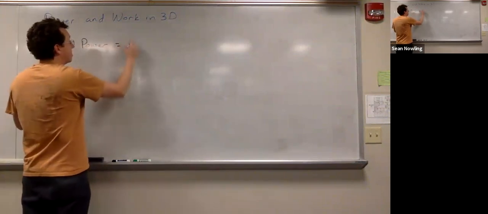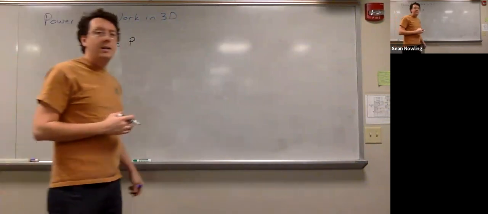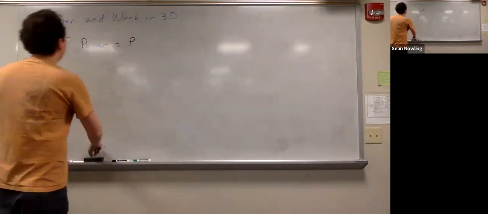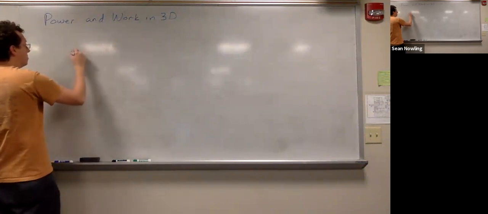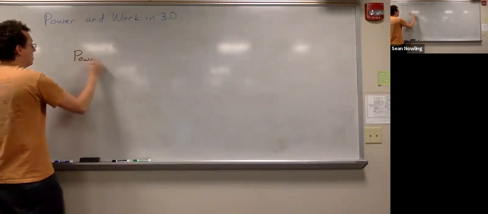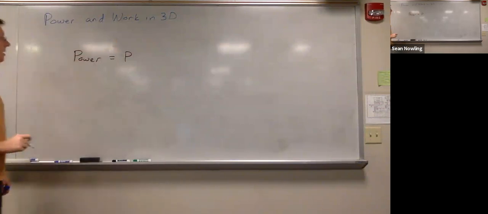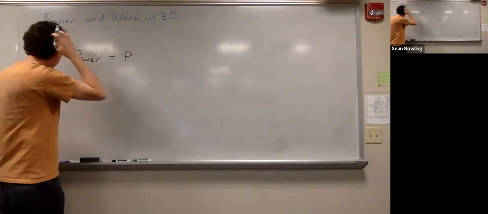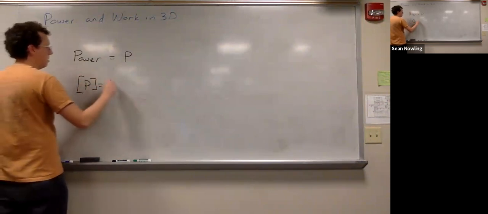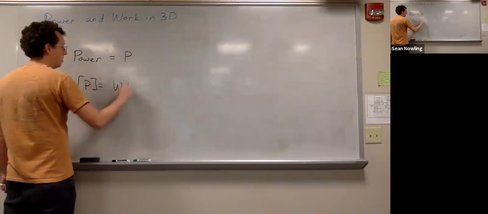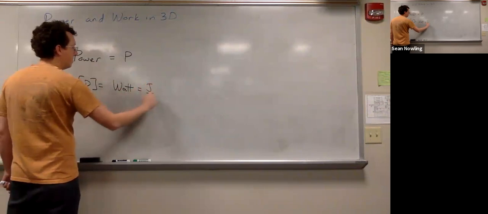and oftentimes it's called P. Sometimes people write P. And the units on this are going to be something called a watt, which is really the same as a joule divided by a second.